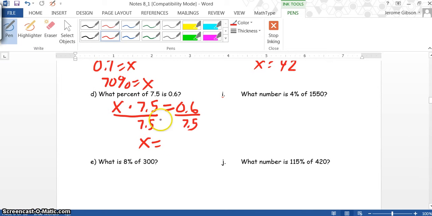And that gives us 0.08. And we want to change this to a percent, so we move it 2 places to the right and add a percent sign. So x is 8%.